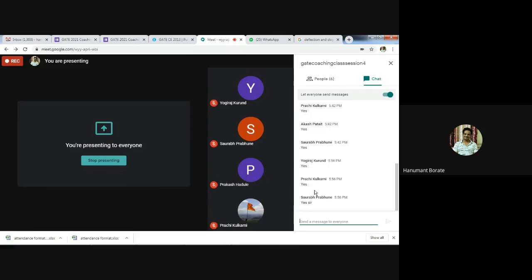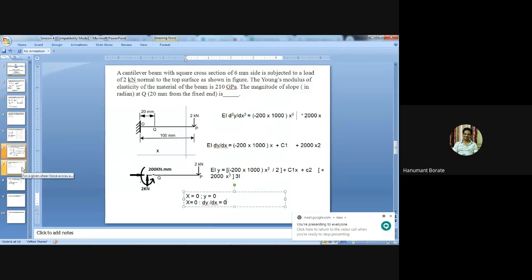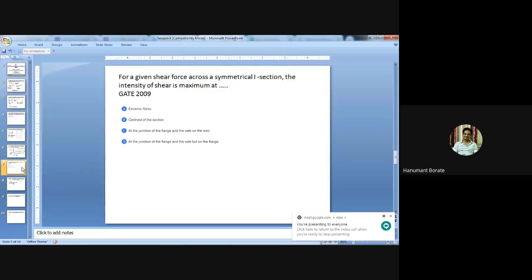Okay, now we'll see one problem on shearing stresses. Generally the weightage for shearing stresses is very less. In very few question papers there are questions on shearing stresses.